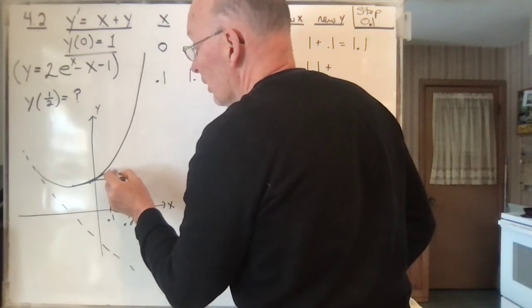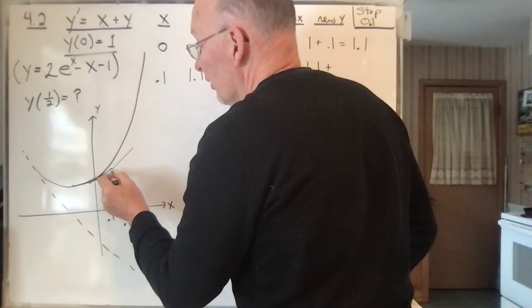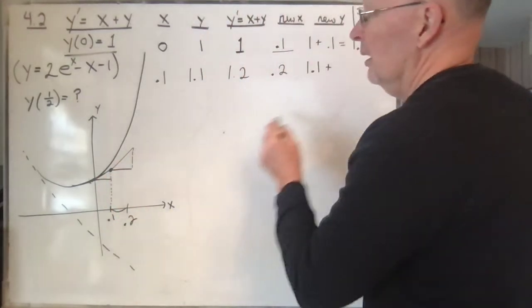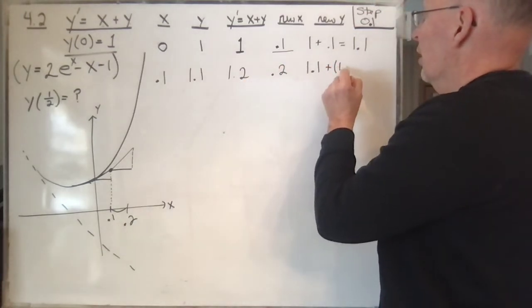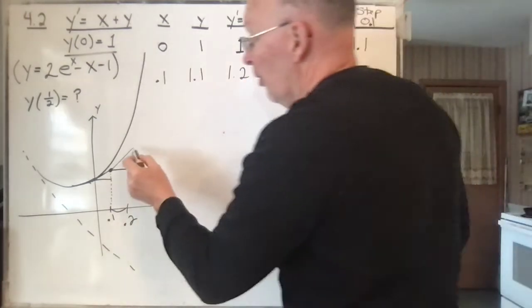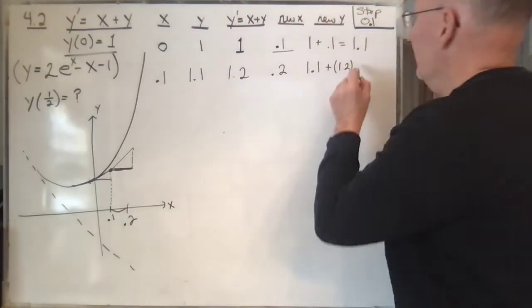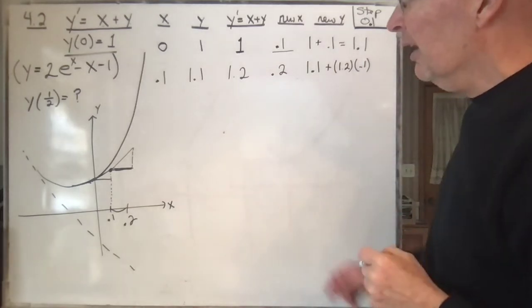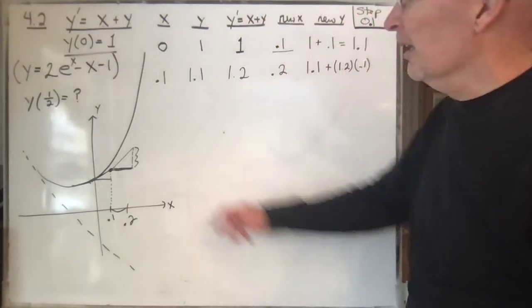What do we do? Well, we do the same thing as before. We say, okay, the slope is 1.2. You multiply the slope times this interval, which is 0.1. And when you do that, that's going to give you the new change in y.